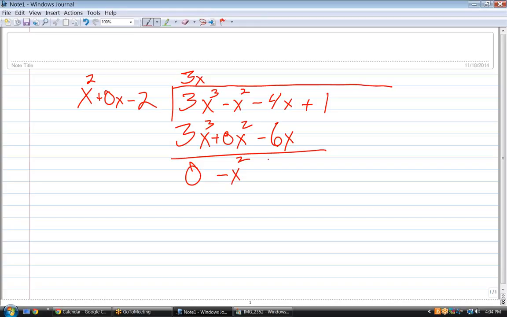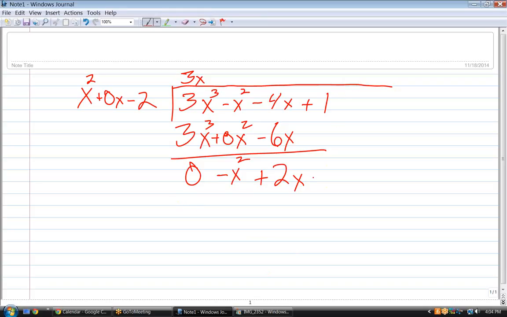Plus 2x. Remember, we're subtracting. Because what we're really doing is minus 4 minus a minus 6, and that becomes plus 2. Remember that we're subtracting this line from this line here.